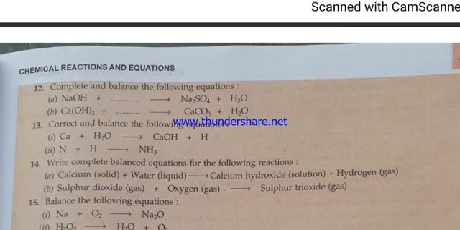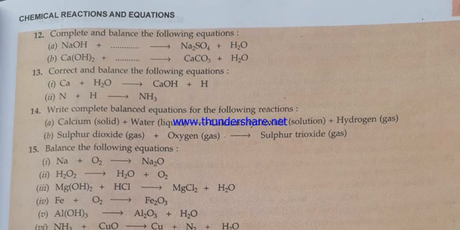Next, complete and balance the following equations. NaOH plus H2SO4 will form Na2SO4 plus H2O. Ca(OH)2 plus CO2 will form CaCO3 plus H2O. Correct and balance Ca plus H2O.